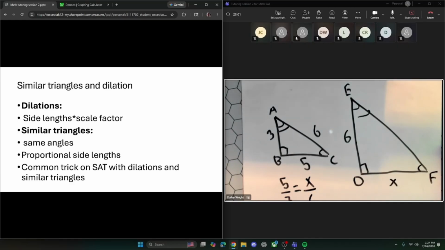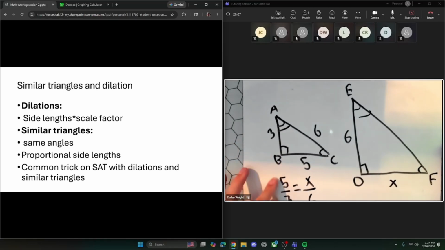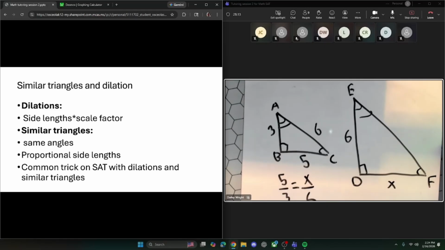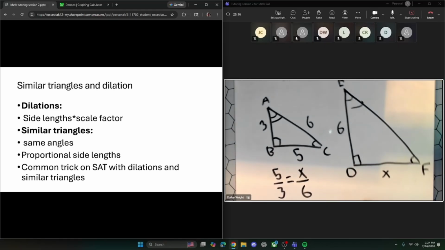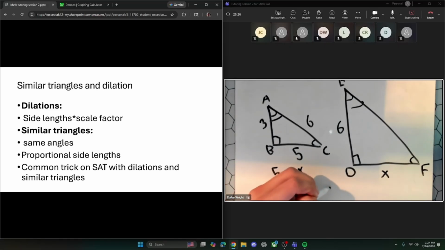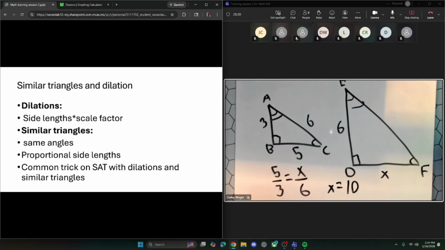So proportionality, you can just do a fraction of two side lengths over each other. And then you can do it for the other similar triangle, and that will allow you to find the last side length. So then you would cross multiply. Actually, you don't even need to cross multiply. Multiply 6 over, that would be 30 over 3. 30 divided by 3 is 10, so x would equal 10.